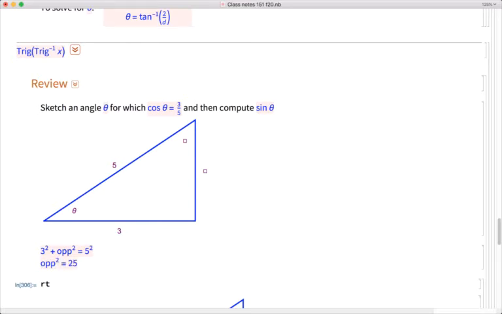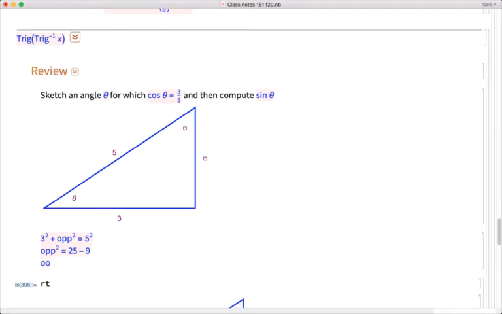This is 25 minus 9. And so opposite squared is 16, so the opposite was 4. Okay. Having computed that, now we can compute the sine of the angle to be opposite over hypotenuse, 4/5.